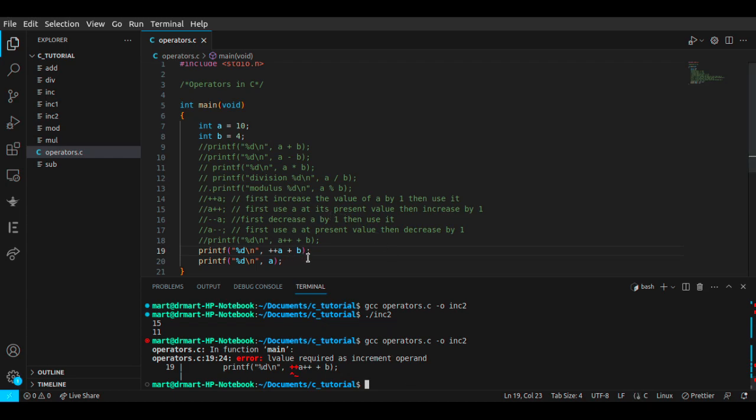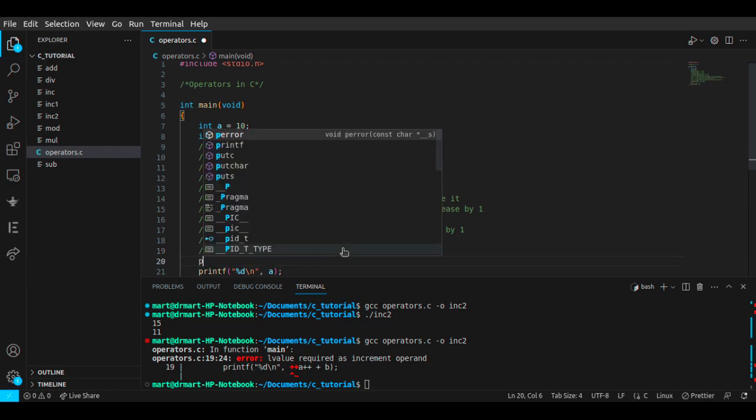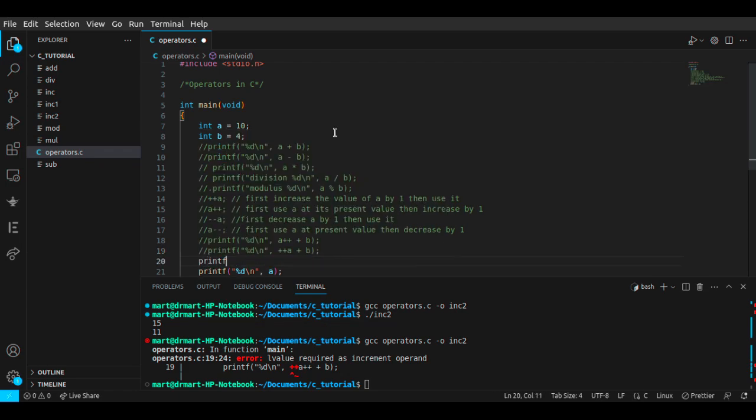We can try the decrements. Let's try the decrements. So we still use printf. Just to be faster, I'm going to copy this.